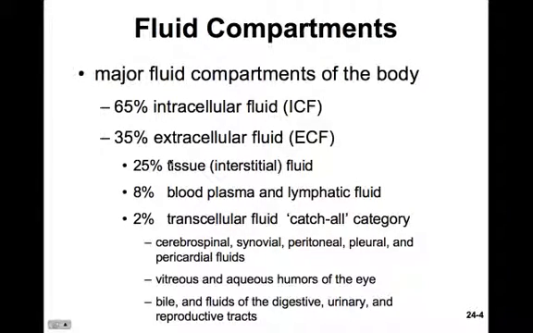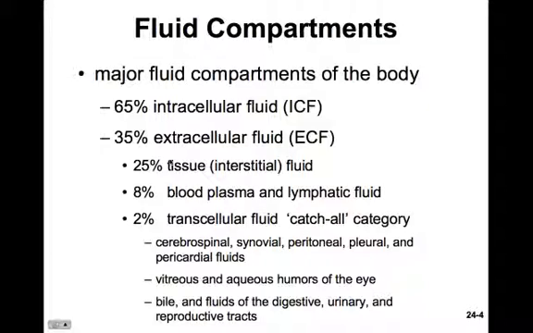The fluid is divided into major compartments. We have intracellular fluid, that's the fluid inside the cells, which is about 65%. And then we've looked at a lot of extracellular fluid, ECF, that's about 35%.